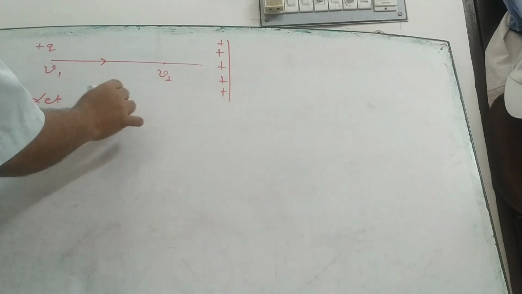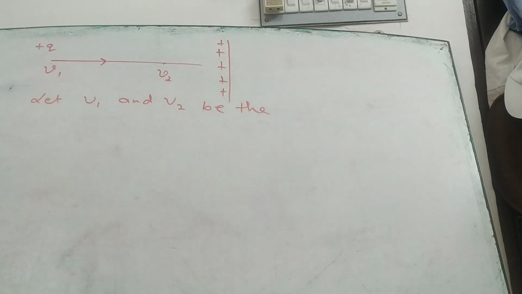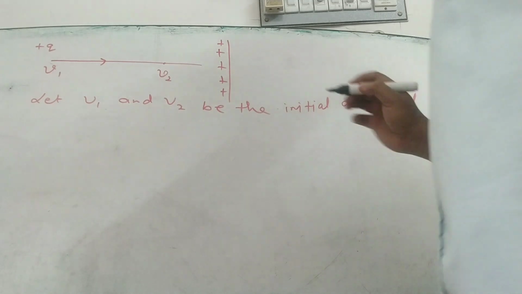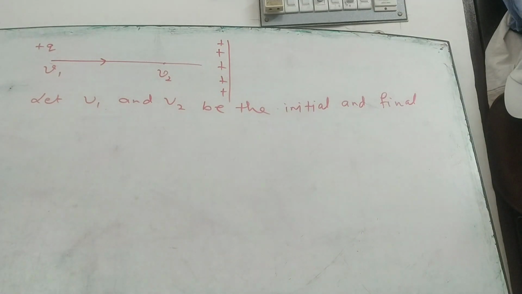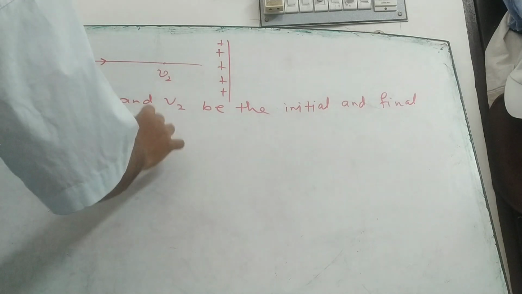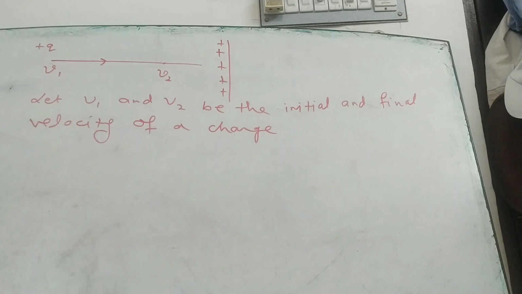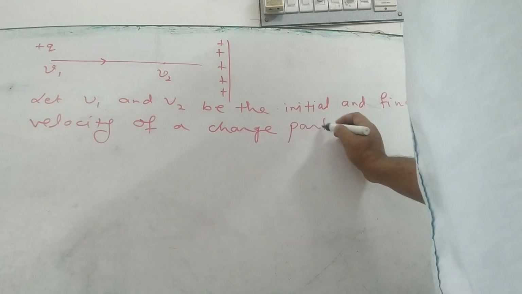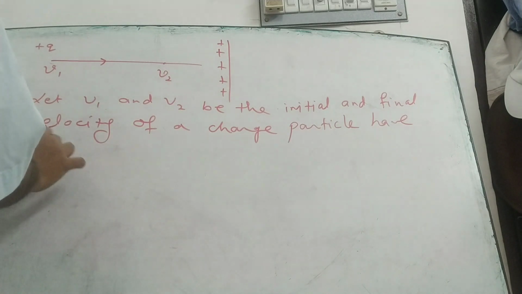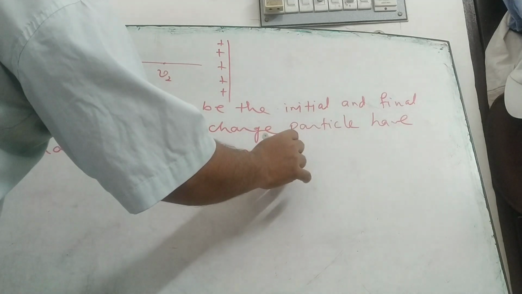Let v1 and v2 be the initial and final velocity of a charged particle having charge Q and mass m.